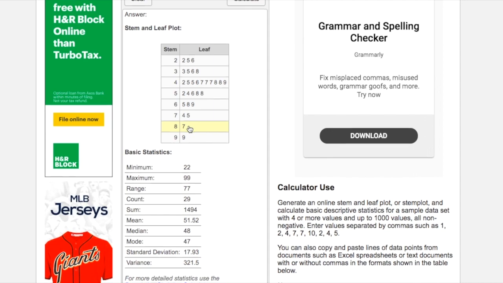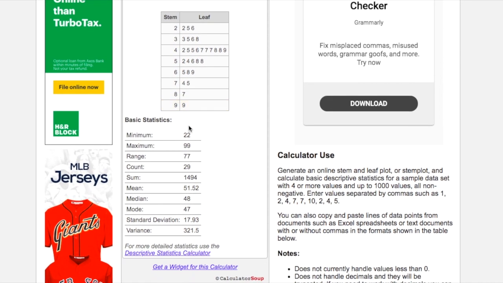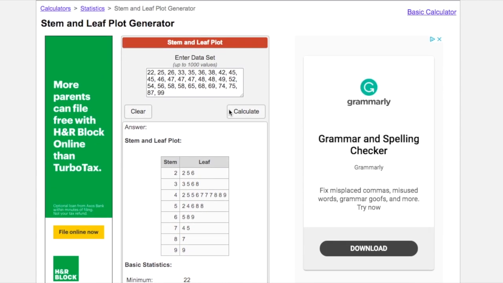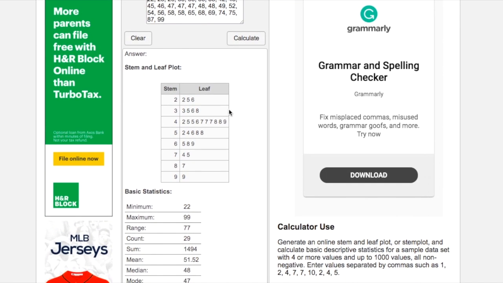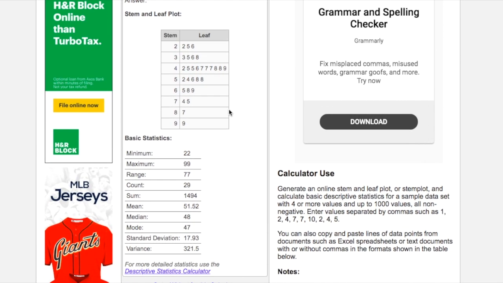So let's finish off the video with this. I'm not writing it down, but when it comes to describing the list of data, I would easily provide myself with a stem and leaf graph, and after that I would dig into that Fantastic Four and maybe simply say that the average was 51.52, that the range was 77, that it is skewed to the right, and there aren't any gaps in the data and probably not any outliers either.